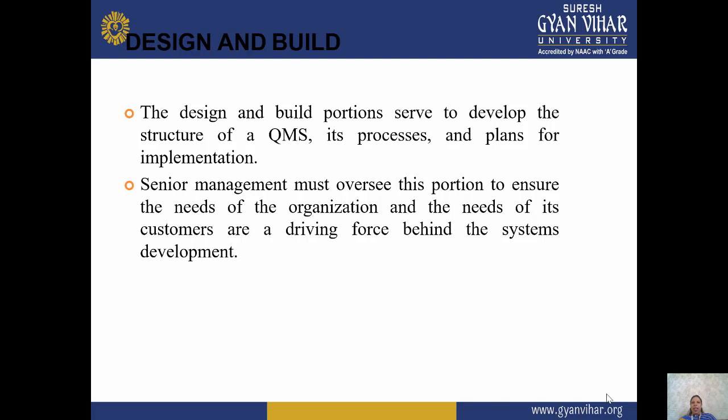The design and build portions serve to develop the structure of a QMS, its processes and plans for implementation. Senior management must oversee this portion to ensure the needs of the organization and the needs of its customers are a driving force behind the system development.